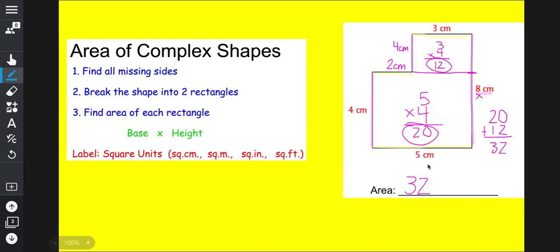And we did area multiplication, so we're going to do squared centimeters. You can write it out completely, squared centimeters. You can write sq. cm, or you can even abbreviate smaller, which is cm, with that little 2 in the exponent, which means squared.